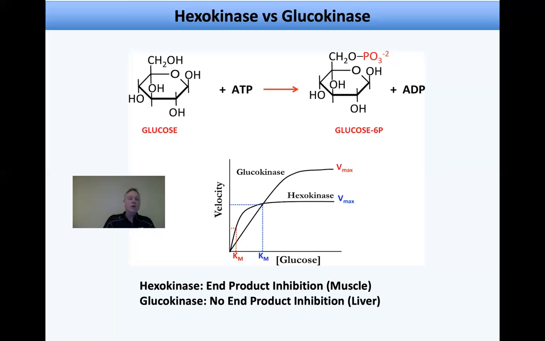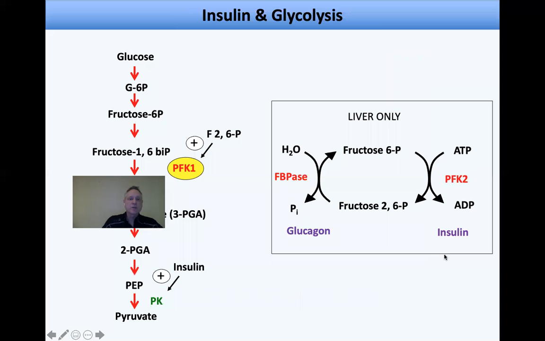And so the reason why cells have evolved different isoforms for metabolizing glucose, i.e. hexokinase versus glucokinase, speaks to the physiology of what's going on in the skeletal muscle versus the liver. The skeletal muscle doesn't want to make a lot of fat, the liver does. Pretty important to understand the distinction.